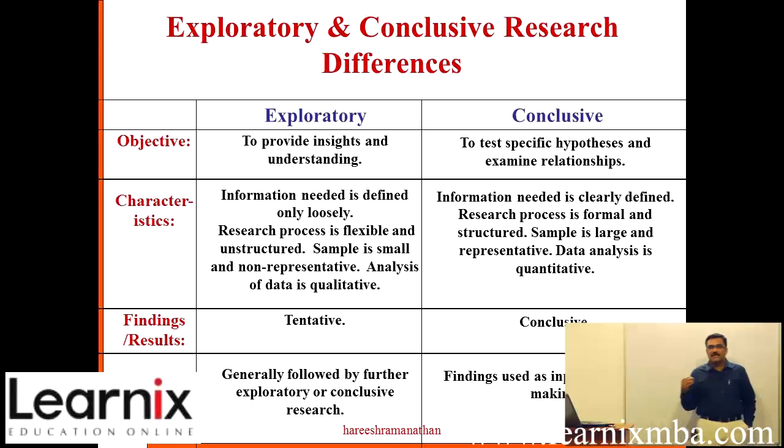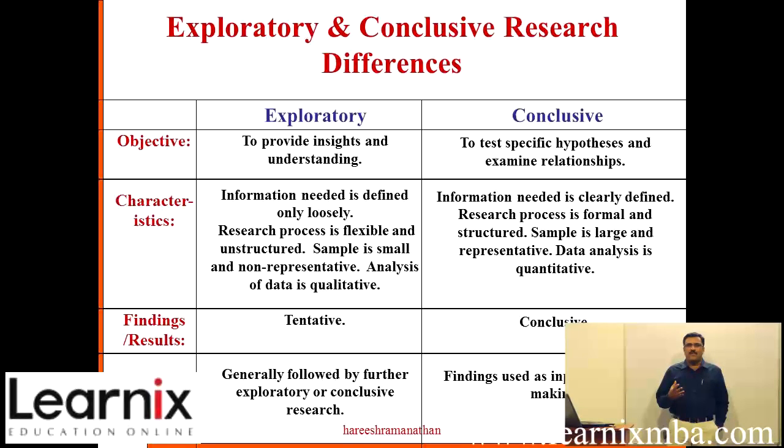If we explain the characteristics, there are differences there also. In exploratory research, the information needed is defined very loosely, but in conclusive research it is very clearly defined. Again, the exploratory research process is very flexible and usually unstructured.